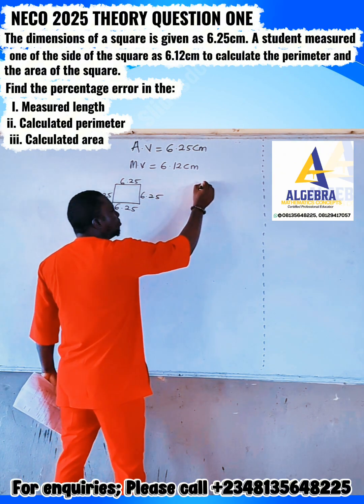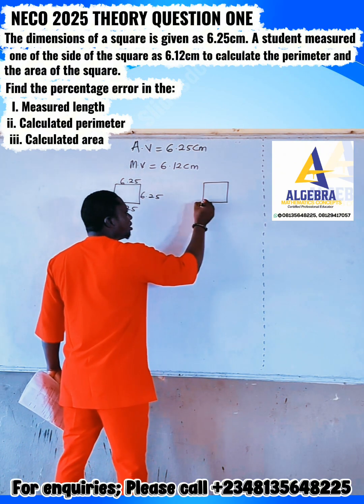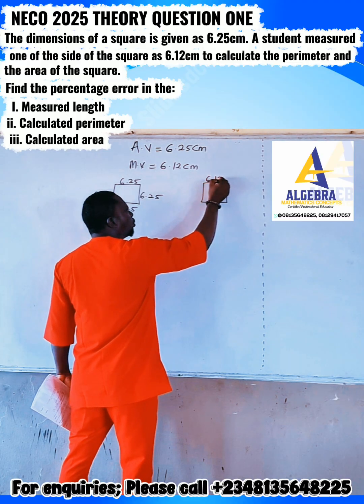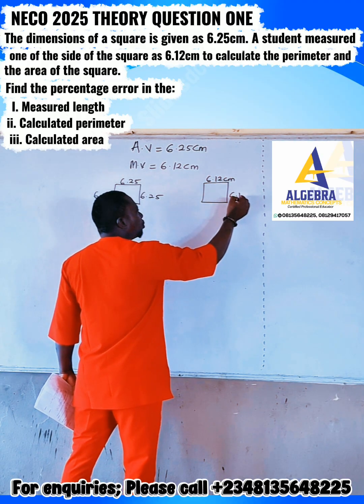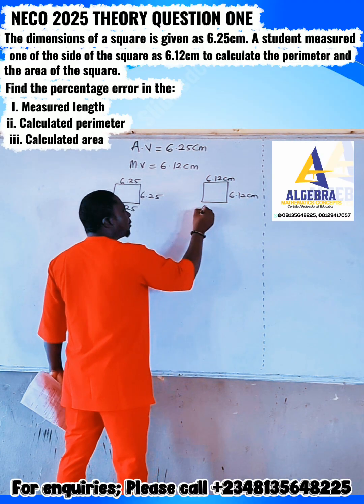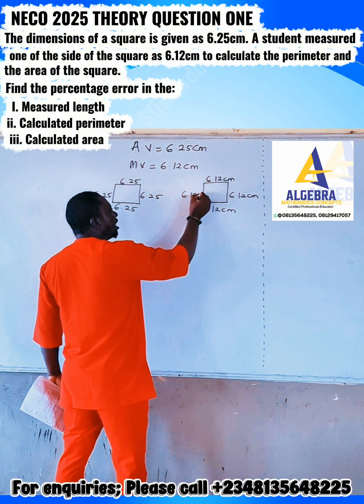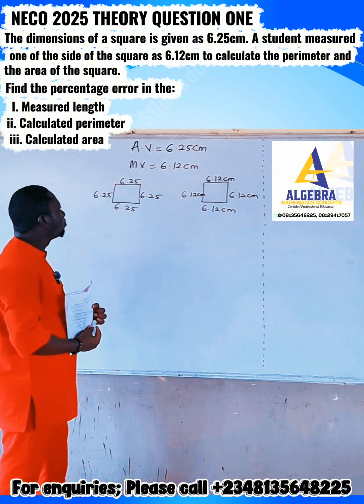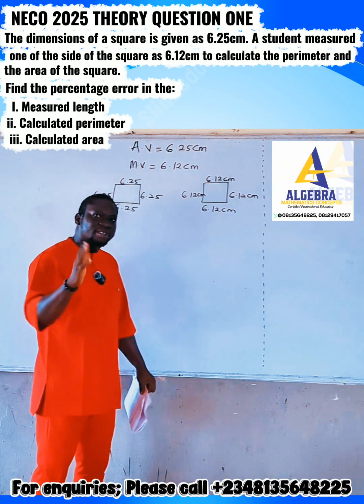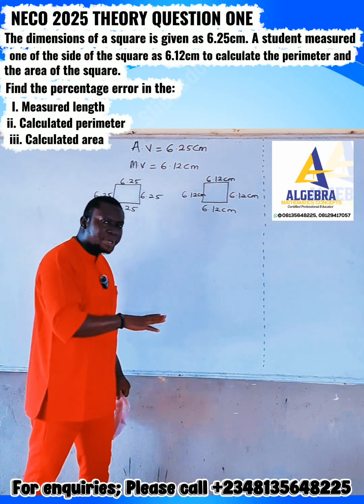But the student measured it as 6.12 cm on all four sides. First, let me get the area and the perimeter.